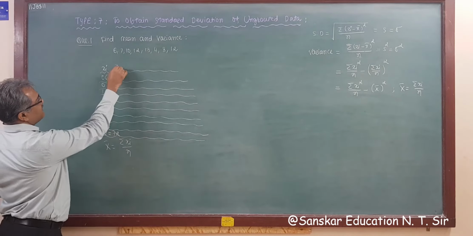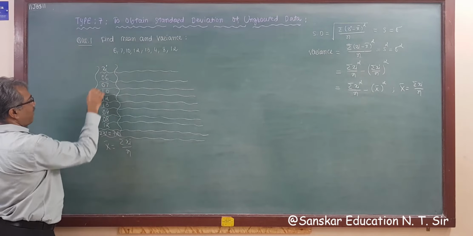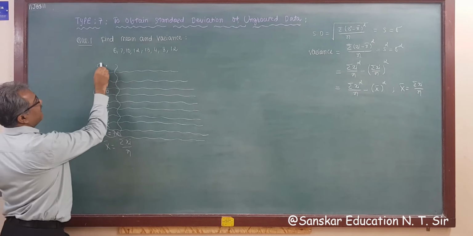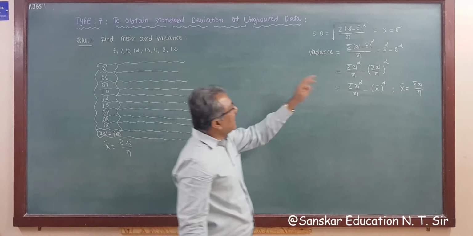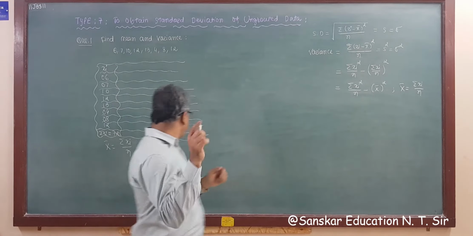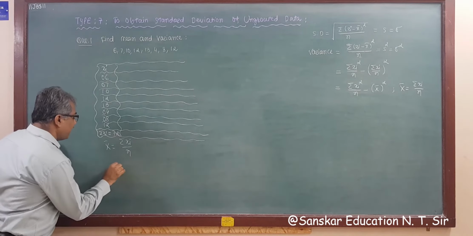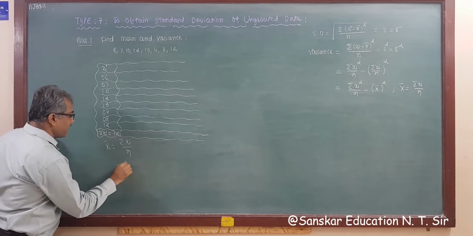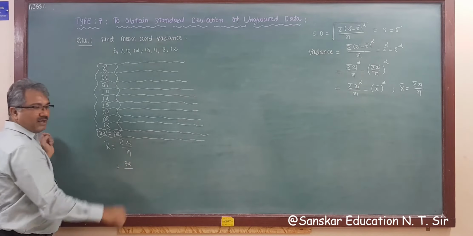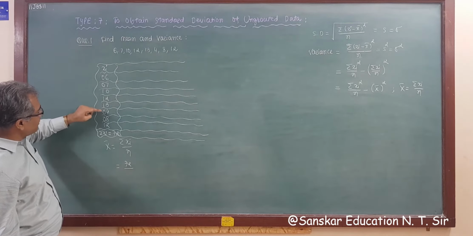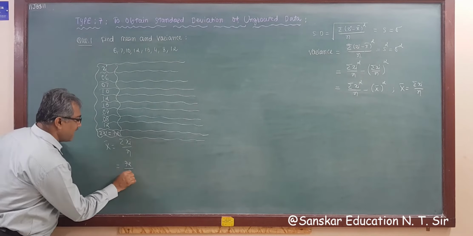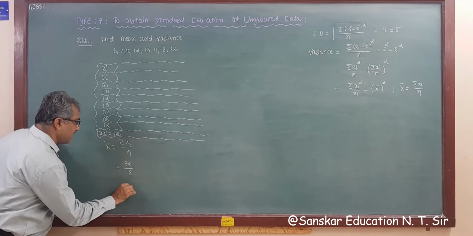So this is your xi. Now, what do we require? Xi minus x bar. Before that, we have to find x bar. Sigma xi is 72 divided by the number of observations, 1, 2, 3, 4, 5, 6, 7, 8. So this is 8, and x bar is 9.